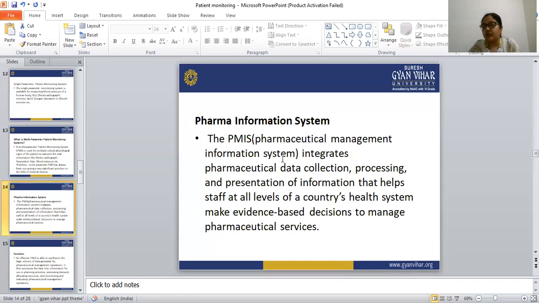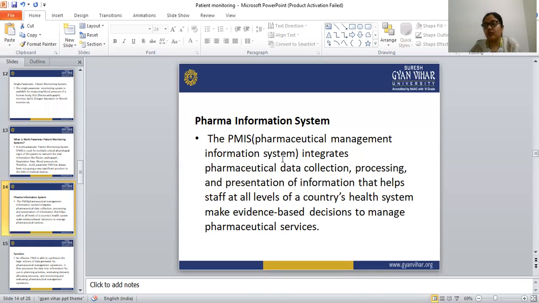And the pharmacy information system, that is PIS. The PIS are computer systems that are designed to fulfill the needs of the pharmacies. So the pharmacy information systems are computerized systems designed to fulfill all the needs of the pharmacies, or all the needs of the pharmaceutical management system.